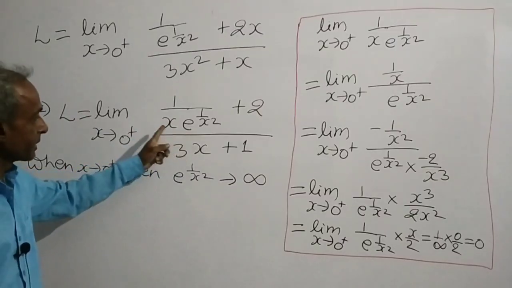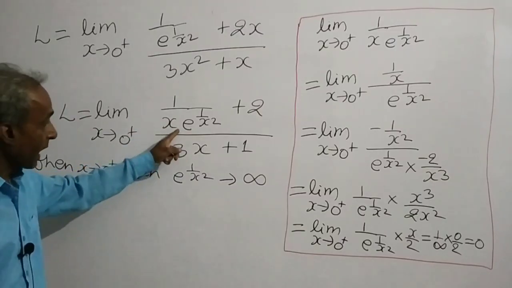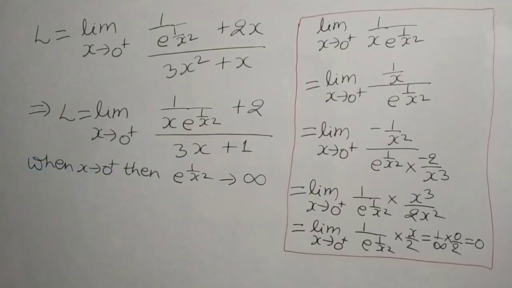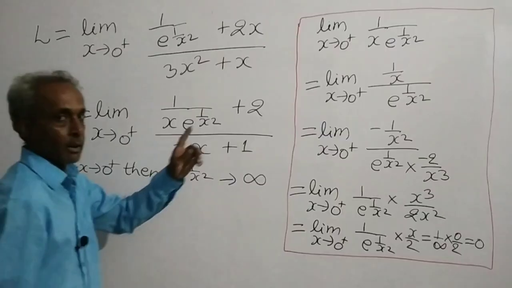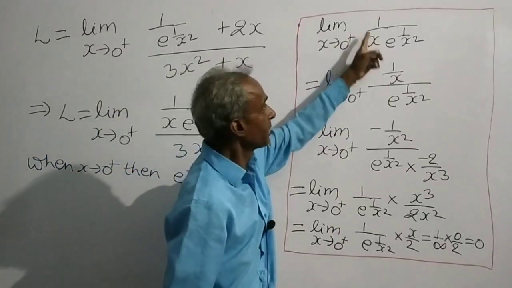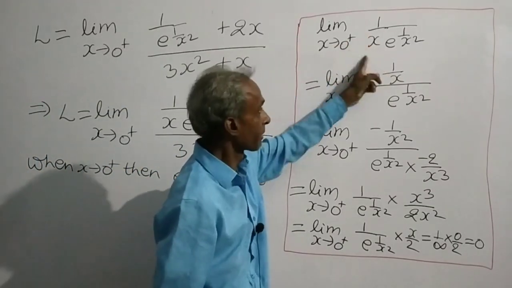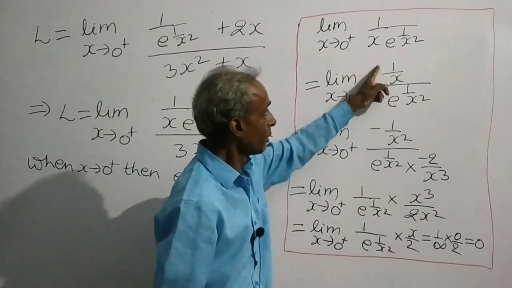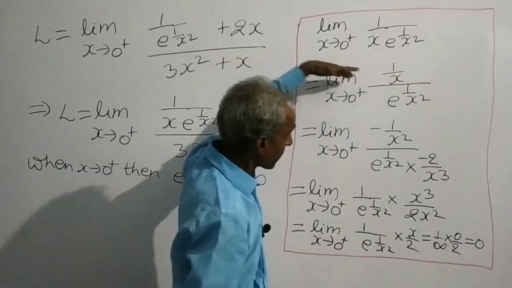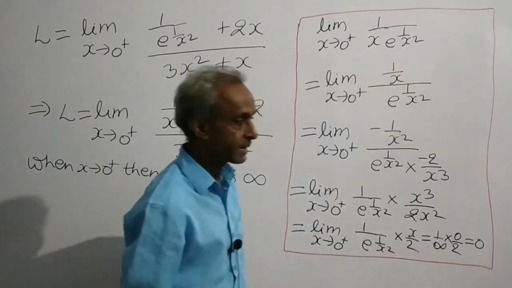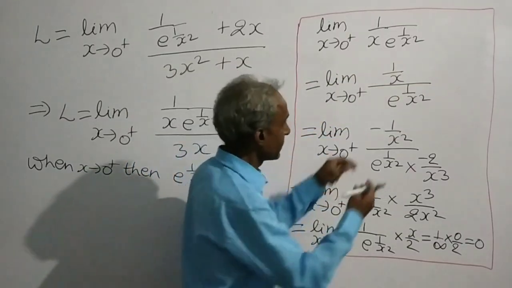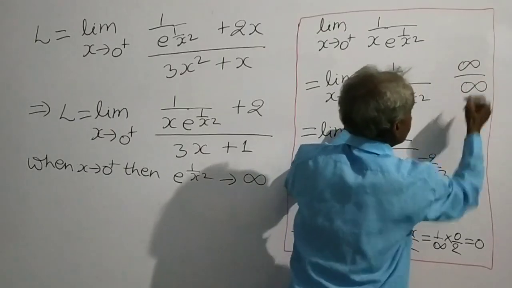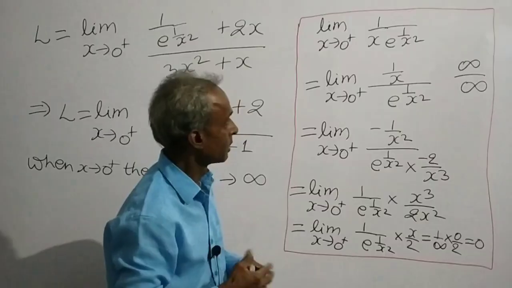Therefore, here is 0 times infinity indeterminate form. Now we find limit of this here. We can write this like this: 1 by x by e to the power 1 by x square. Now this is in infinity by infinity indeterminate form.